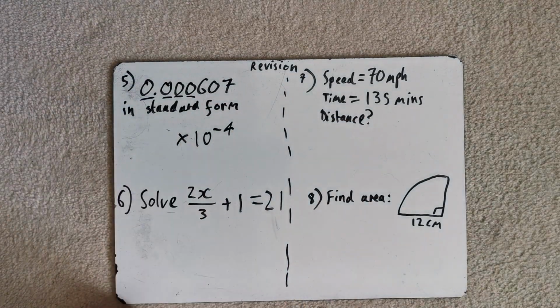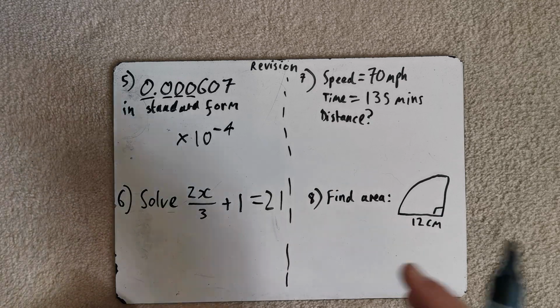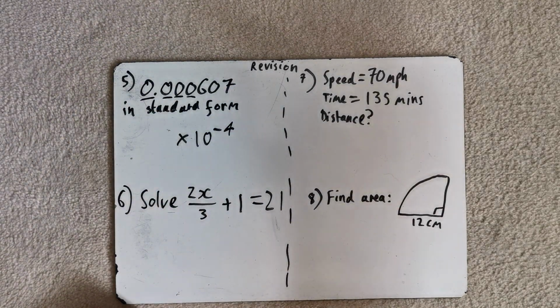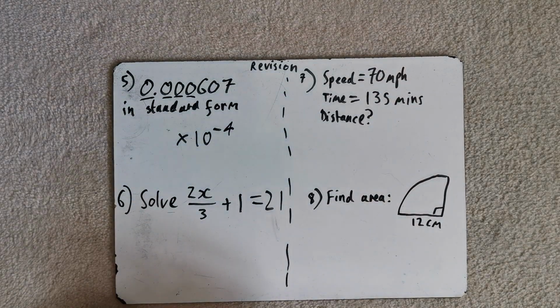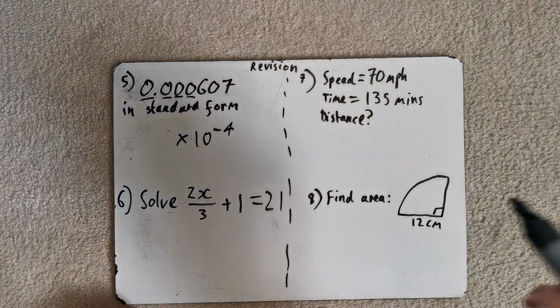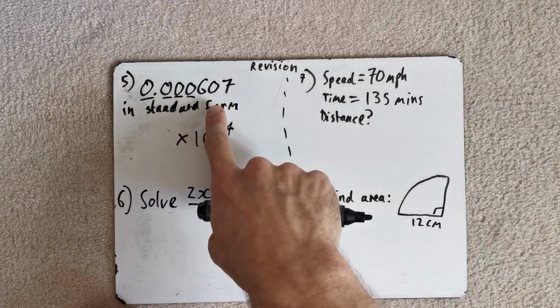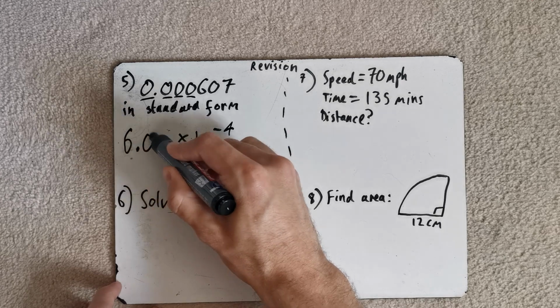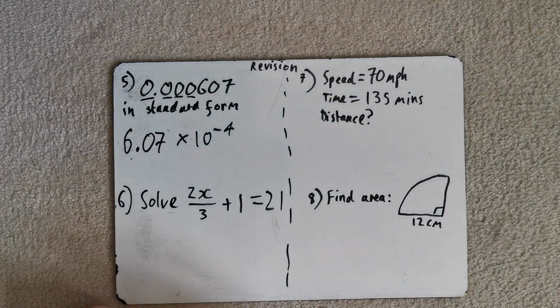And remember, the first bit can't be 10 or more, or anything less than 1. So we've got to make a number out of this that's between 1 and 10. Can't be 60.7, can't be 607, so it's got to be 6.07, because that is between 1 and 10.